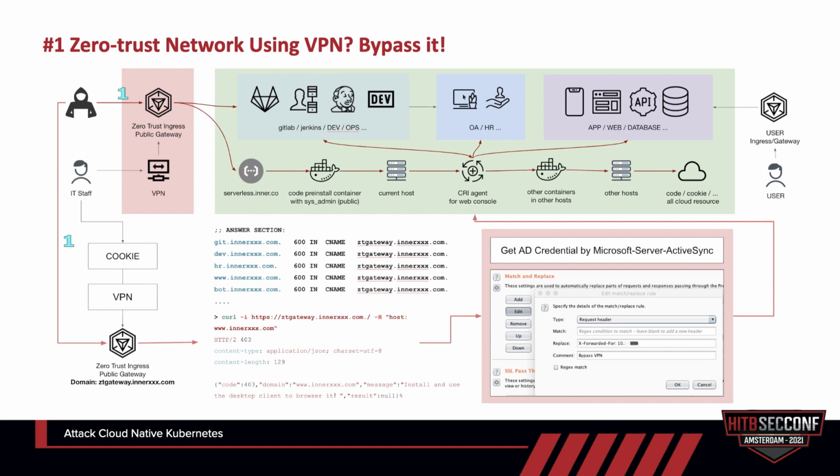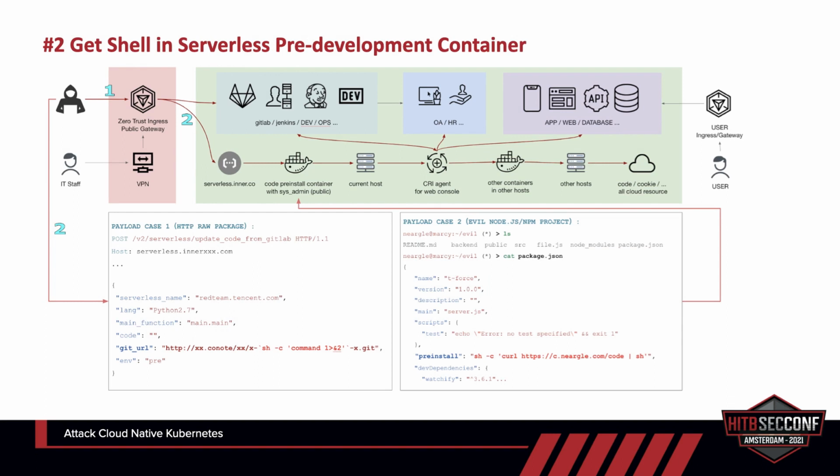Coupled with the employee identity that we got from the Microsoft Exchange ActiveSync, now we can access the network of the target OA. The office network is a new world. After long exploration, we finally found a new breakthrough in a web service for serverless.